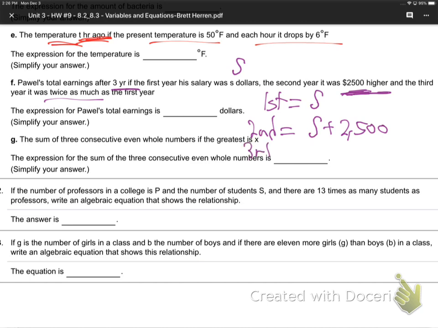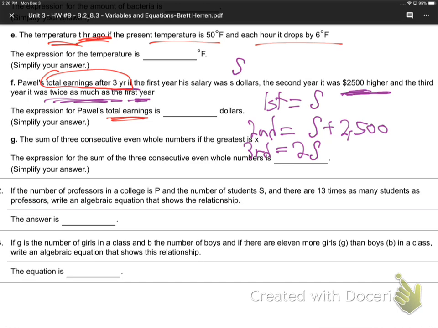Third year, twice as much as the first year. 2 times S, 2 times the first year. We good? Okay, so there they are. What do they want me to do with all of them? Total earnings after all 3 years. They want to add up all 3 years. Powell's just saving all his money.